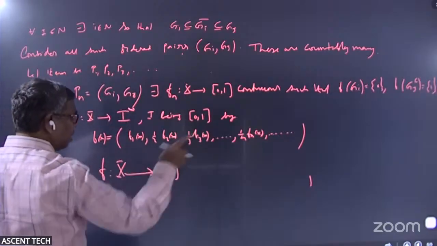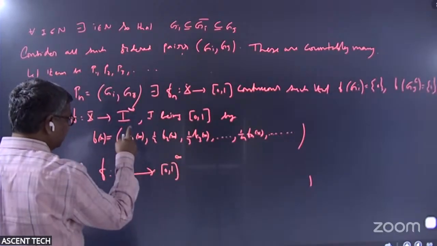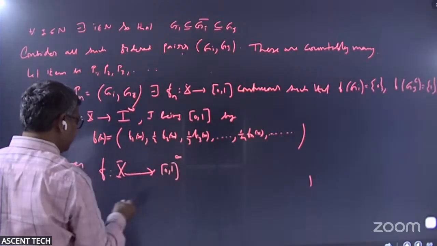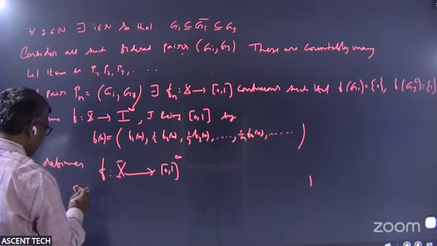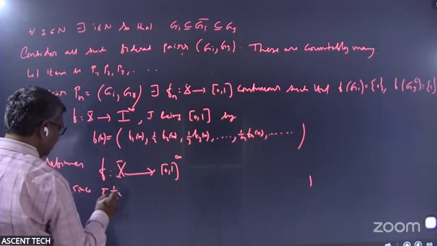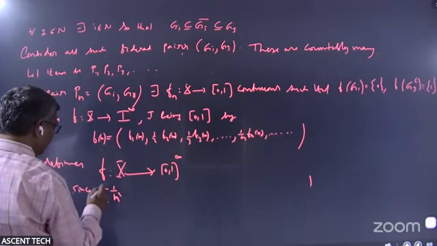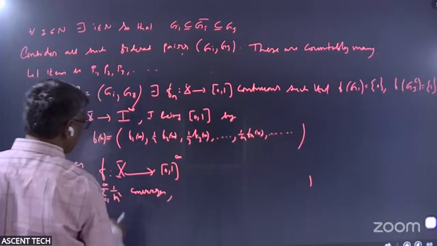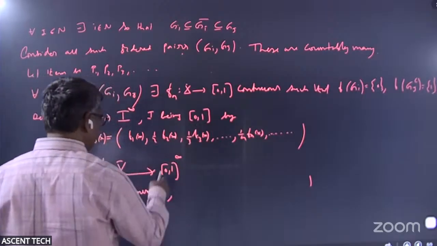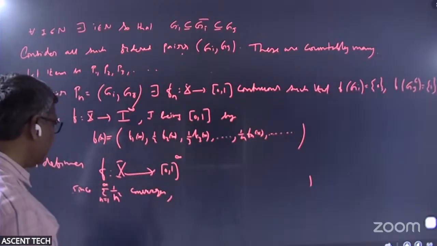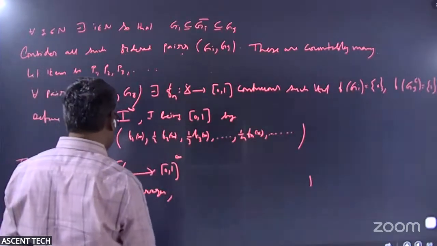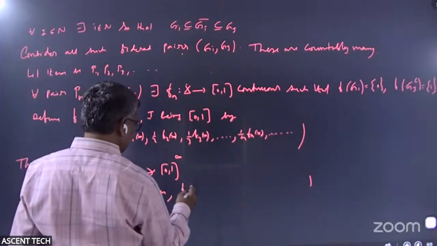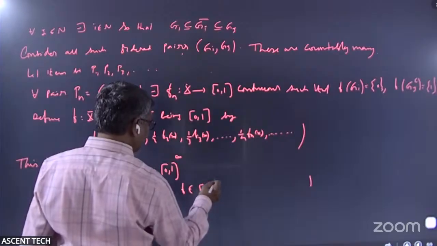If you look at the norm of this, mod f1(x) squared, 1 by 4 f2(x) squared, 1 by 9, since sigma 1 by n squared, n equal to 1 to infinity converges, that is genuinely a point in [0,1] to the infinity. It makes sense to talk about that.